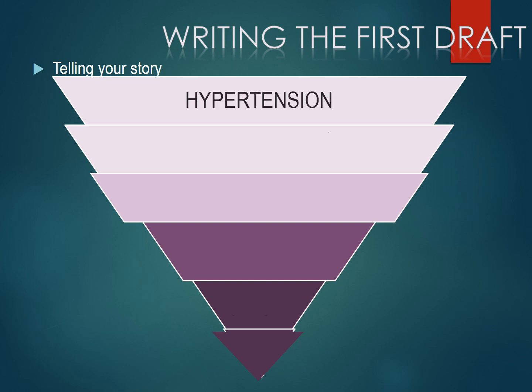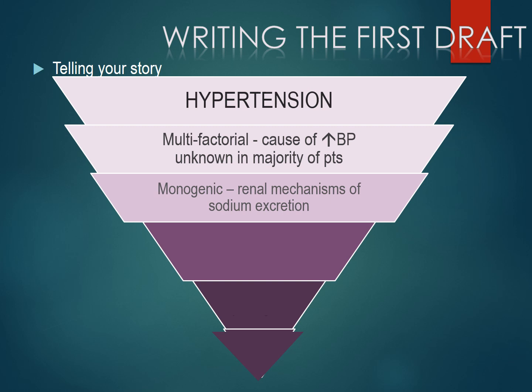Again, hypertension, leading global risk factor for mortality, major risk factor for cardiovascular and kidney disease. We know it's multifactorial, and the underlying cause is unknown in the majority of patients, but where there is an identifiable cause, such as in monogenic forms of hypertension, it almost always involves a restriction on the kidney's ability to excrete sodium.